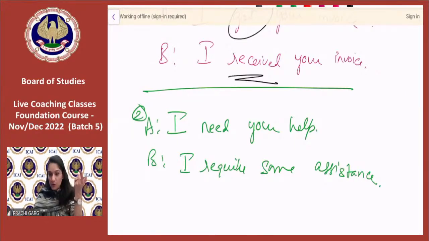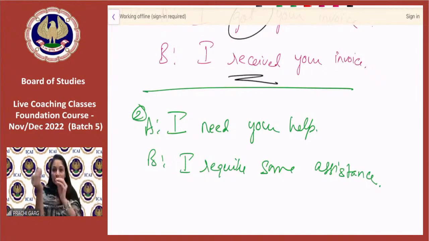Yes, B is more formal. In the next one also, A is general and B is business. You don't say I need your help, just generally. But you can say I require some assistance. That makes it more formal, more sophisticated, and more business English like.